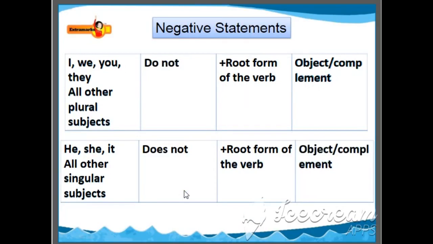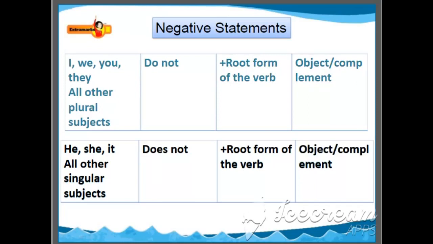Let us now learn to make negative statements using the simple present tense. The negative statements can be formed by following the given rules. We can use I, we, you, they, or any other plural subject with do not and add the root form of the verb and the object or complement to make a negative statement.